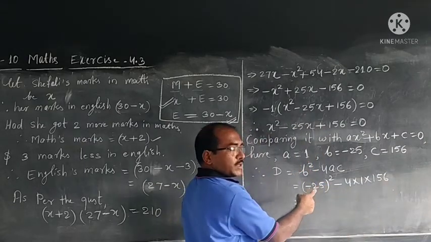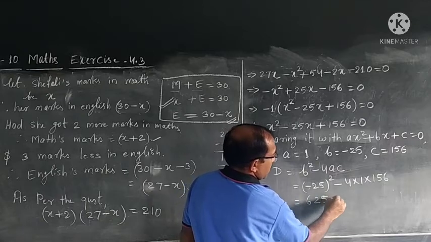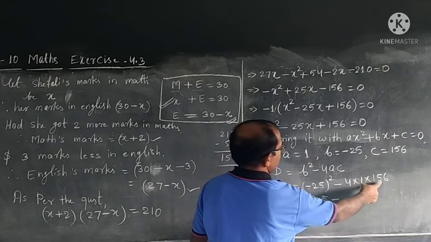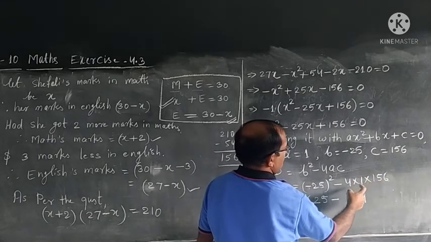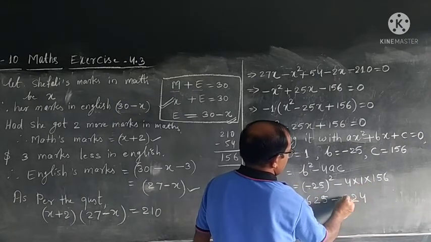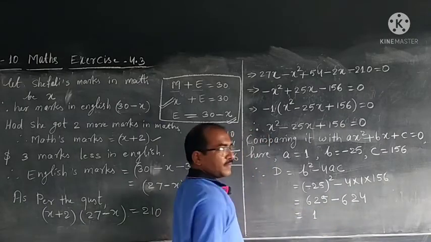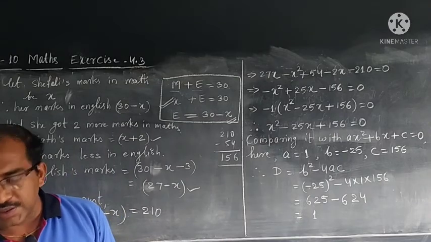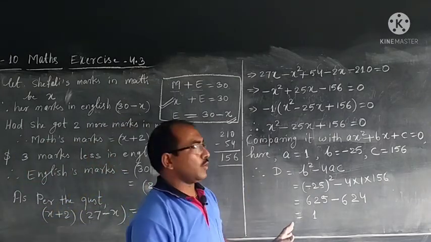Minus will become plus, 25 square will be 625. 4 into 156 is 624. What we get? 625 minus 624, 1. Discriminant is 1. Surely it is positive, greater than 0. So, it will have real and distinct roots, we came to know now itself.